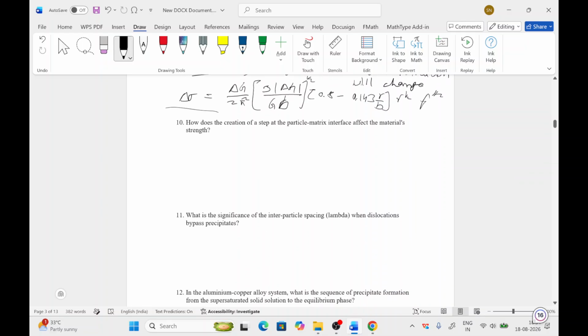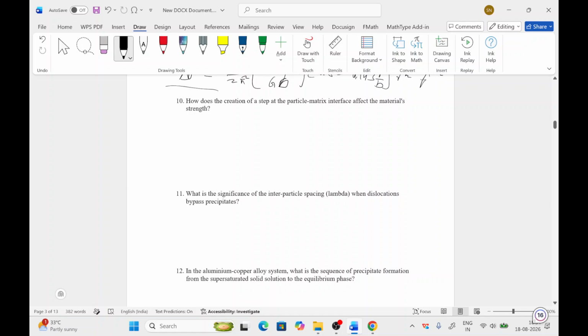The next question is, how does the creation of a step at the particle matrix interface affect the material's strength? When precipitates are small, they can be sheared by moving dislocations.